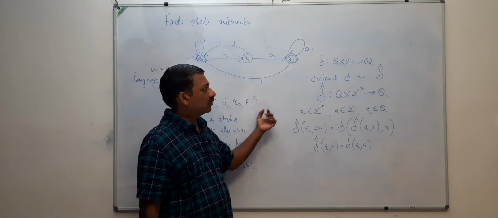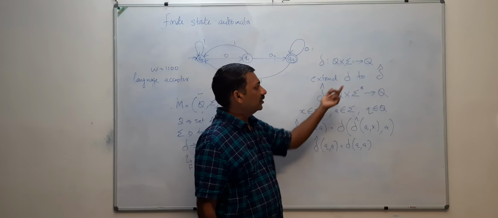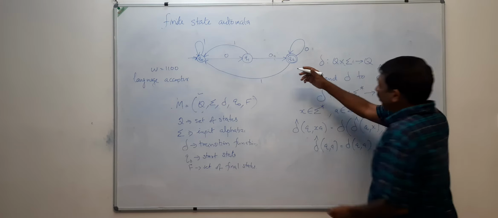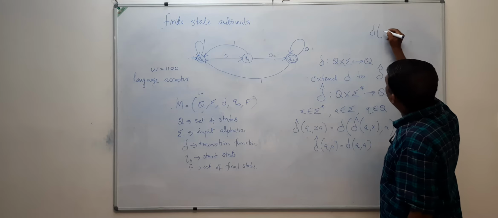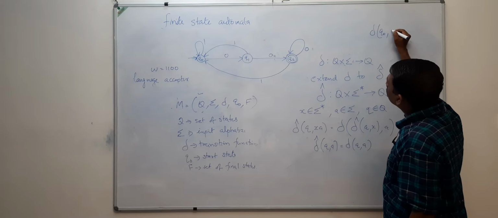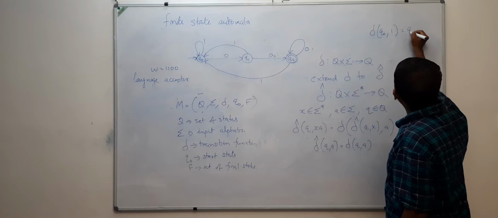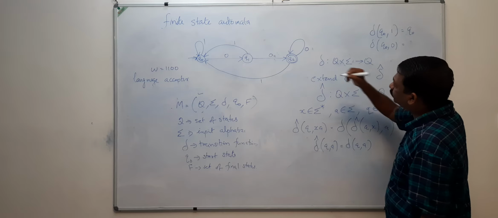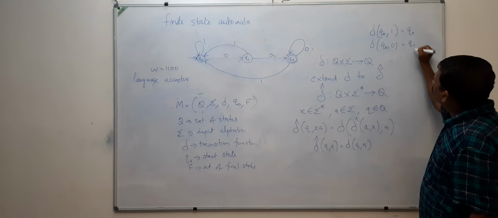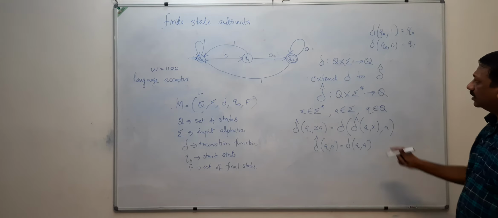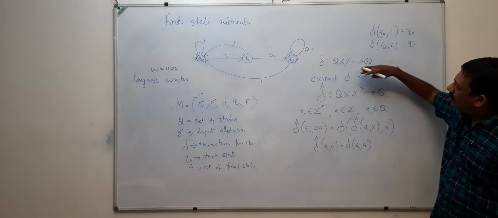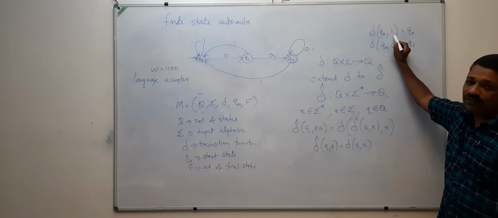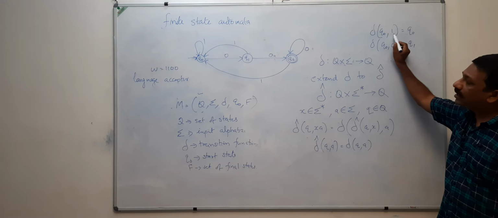We are extending our delta to delta cap. Delta is a transition from Q cross sigma to Q. For example, in this case, delta of Q0 upon receiving 1 is equal to Q0, and delta of Q0 upon receiving 0 is Q1. Delta takes the current state and one current input symbol.